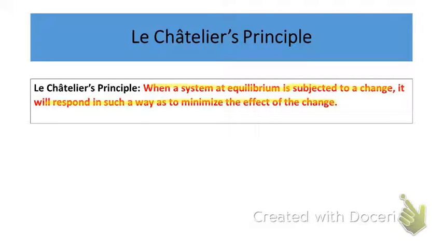Another way of looking at this is that if I change something in the equilibrium state, then the system is going to try to do just the opposite. It's going to try to counteract what I just did in order to get the equilibrium state back together again.